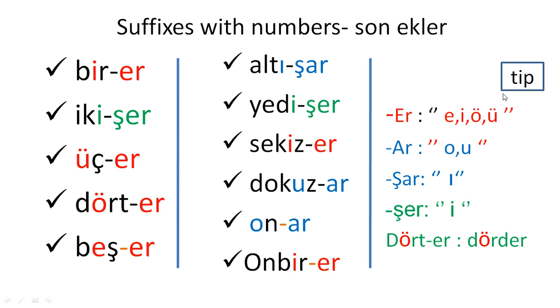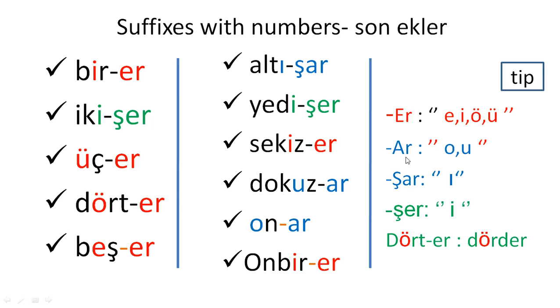Now, I give you one tip on how to use the suffixes correctly for distributive numeral adjectives. If the word finishes with the vowels A, I, E, İ, Ö, or Ü in Turkish, always put er.